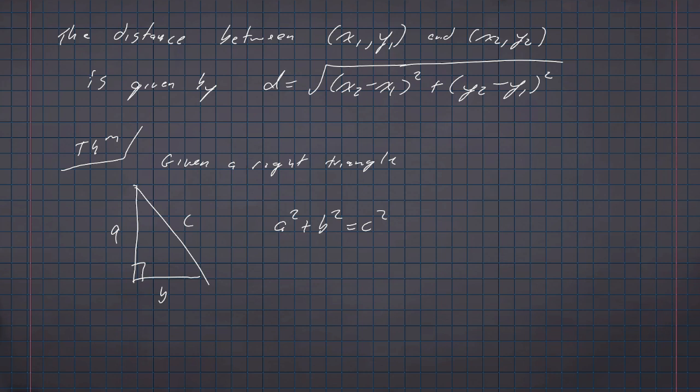We start by defining the distance formula, and we can use that to prove the Pythagorean theorem by proving that if you put the coordinate axes right here, then this is the point B0, this is the point 0A, and then C is the distance between them. So a fairly straightforward proof based on our definition of the distance formula.